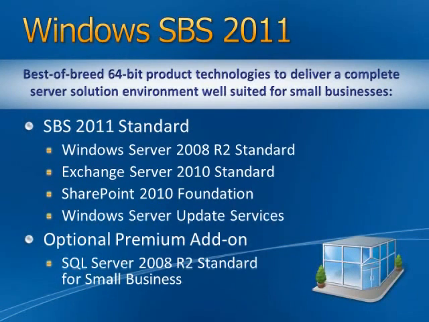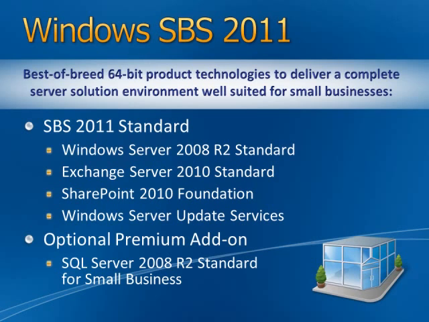Now, Small Business Server is basically a ready-made package for a company that wants to put in an email solution. It comes in a standard edition with an optional premium add-on. The standard edition consists of Windows Server, Exchange Server, SharePoint Foundation, and the Windows Server Update services. The optional premium add-on consists of another license for Windows Server and a SQL Server license, allowing you to run SQL on a second server.